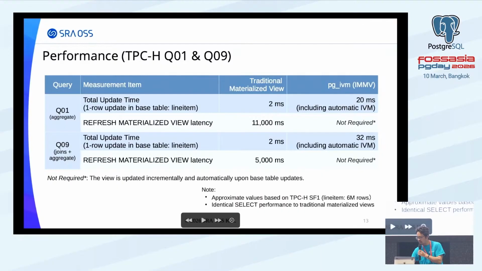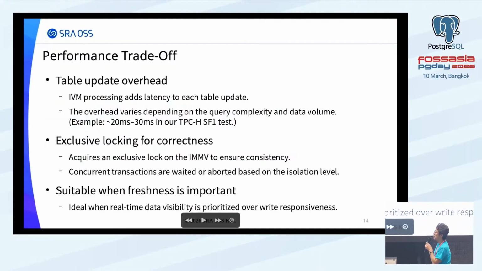So I'll discuss this trade-off in this slide. First is the table update overhead. As you've seen, PGIVM needs some additional time to update the view, because every time a table is modified, we need to calculate the view delta and apply it to the view.